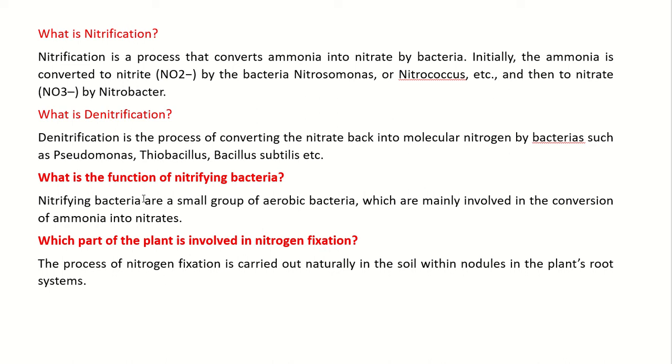The ammonia is converted into nitrite by bacteria called Nitrosomonas or Nitrococcus, then nitrite to nitrate by Nitrobacter. That you have to write. At least these words should come in your definition of nitrification.